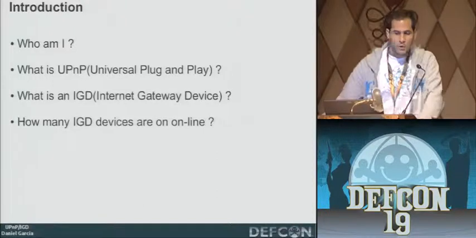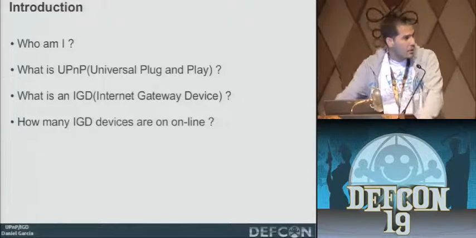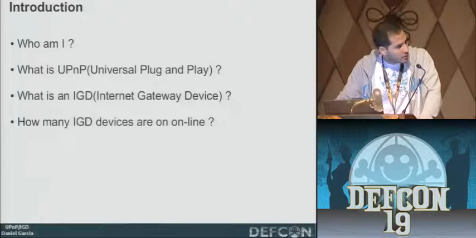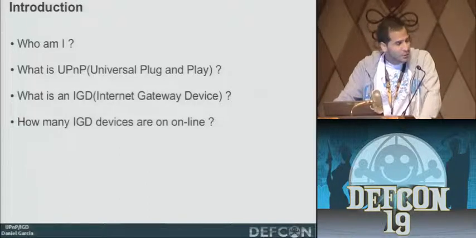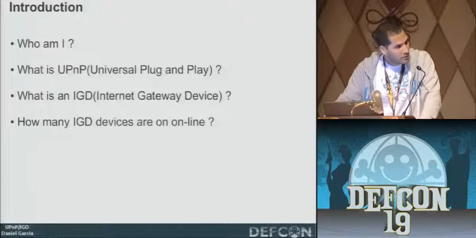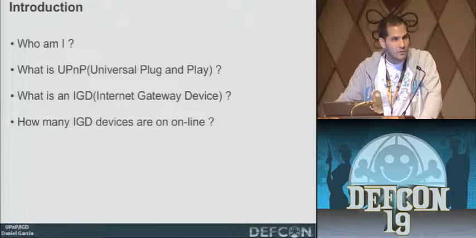So the big question, and I've been working with Dan Kaminsky on this one, is how many IGD devices are online, and it's a shed load. It's amazing. We thought we would have a minority of the devices on the net, but I have personally seen 500,000 devices across different countries open and accepting UPnP requests.